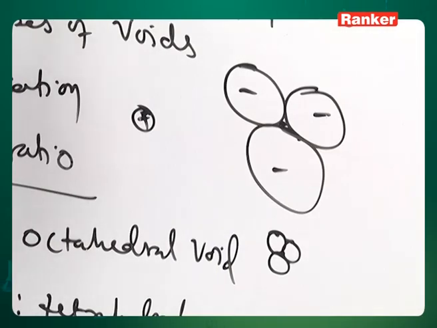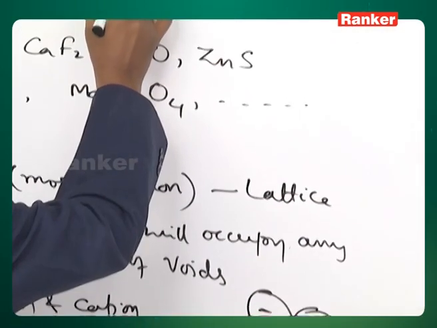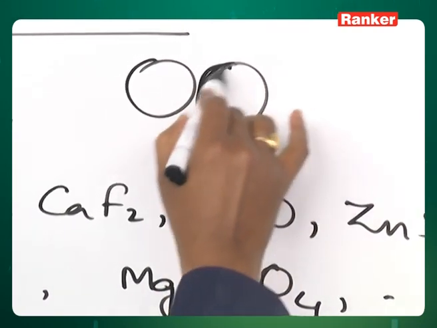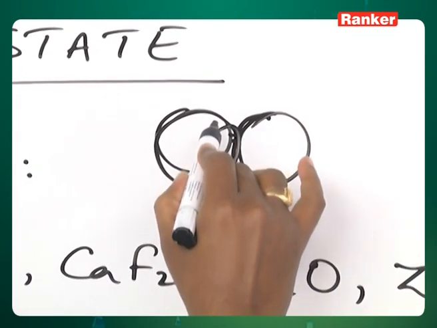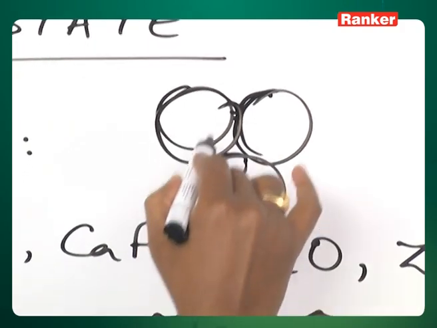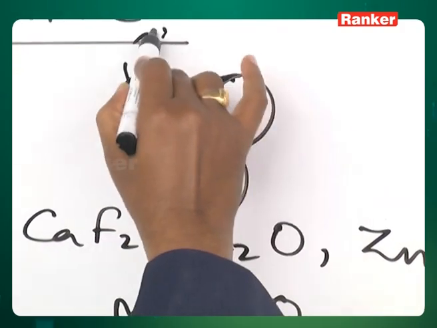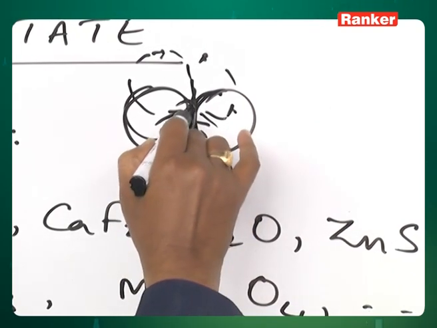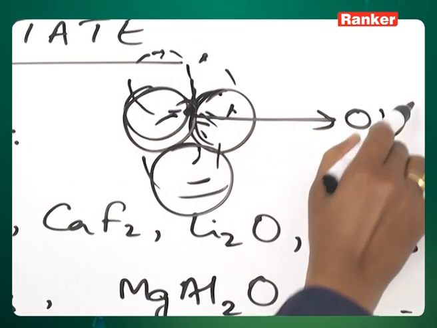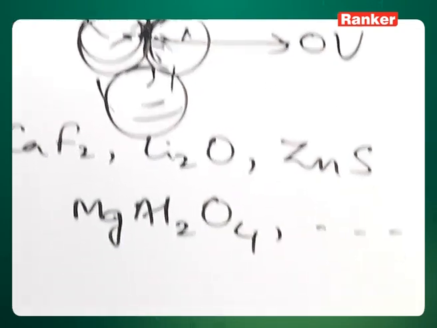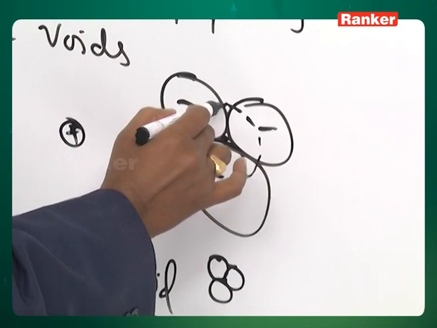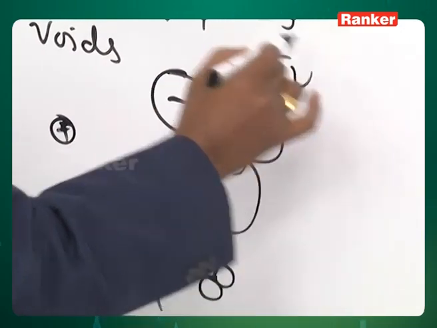But instead, if the void is formed by these three, and another three if you keep it over here like this, then the void formed is an octahedral void, and if you take this third layer, then it will give a tetrahedral void.